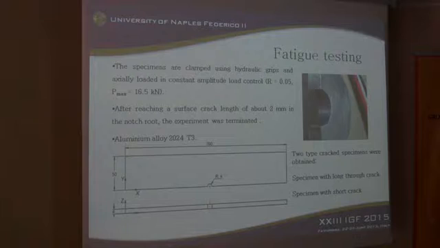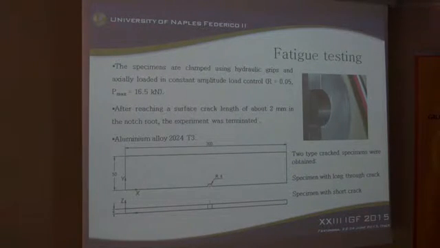The first step is the fatigue testing. The test was carried out in constant amplitude load control with a load ratio of 0.05 and a maximum load of 16.5 kN.